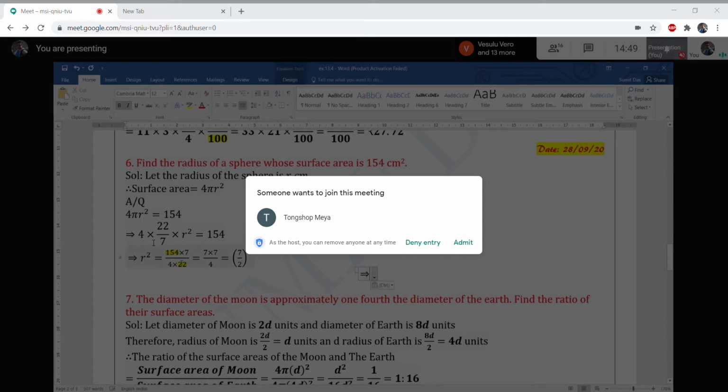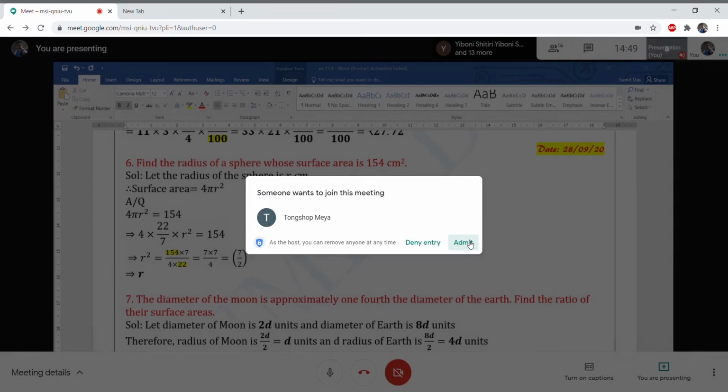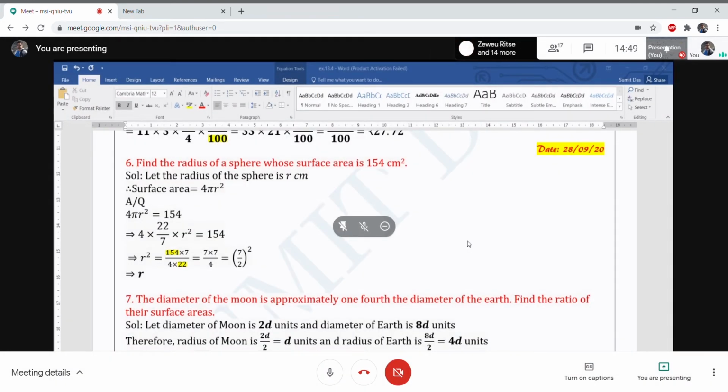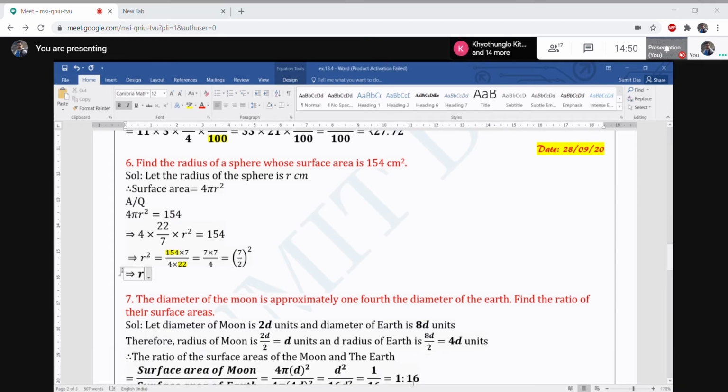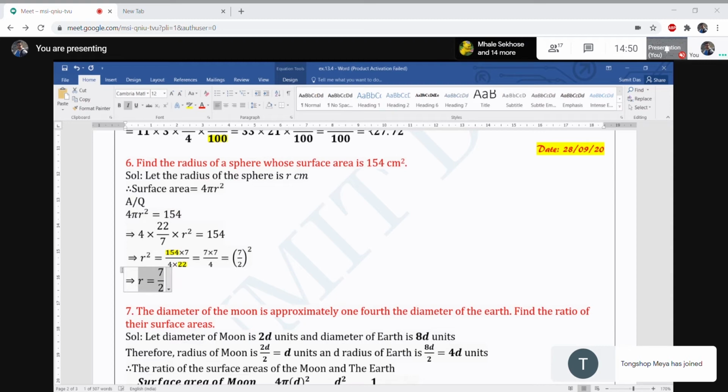So what is r equal to? r equals 7 by 2. If you convert it to decimal, it will be 3.5, 3.5 centimeter.